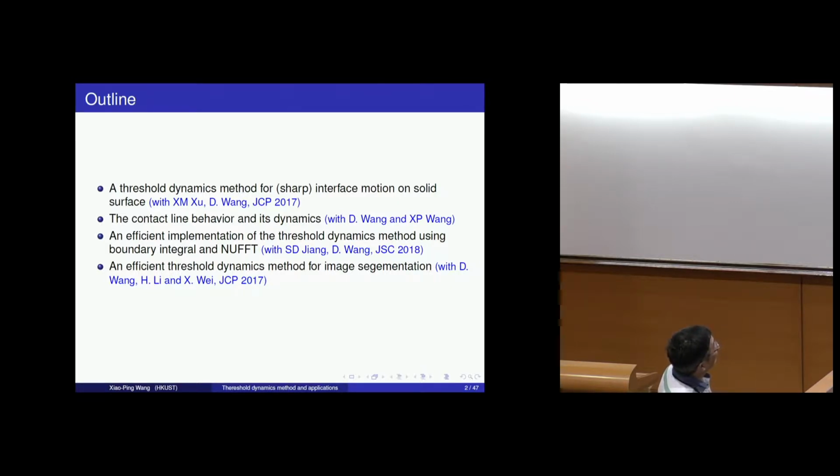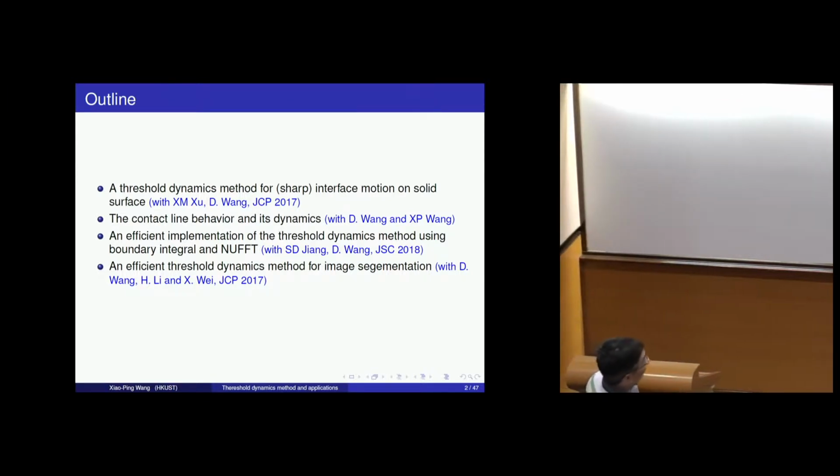And for this method, we also did some analysis on contact line behavior. This is joint work with Xiaoping and Wang, who are here, and they did all the work, and Shidong Jiang from NJIT, who is an expert on the fast multipole method and non-uniform FFT.